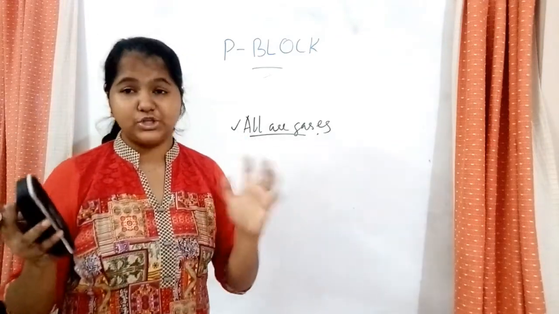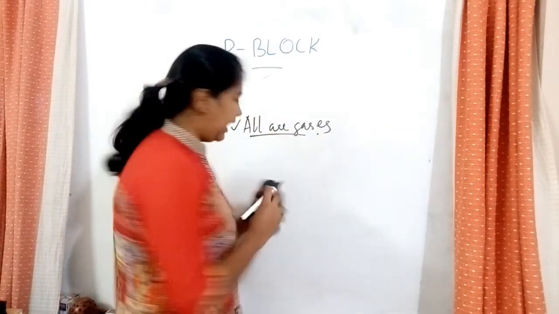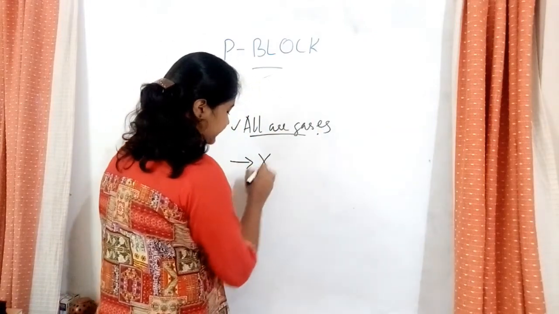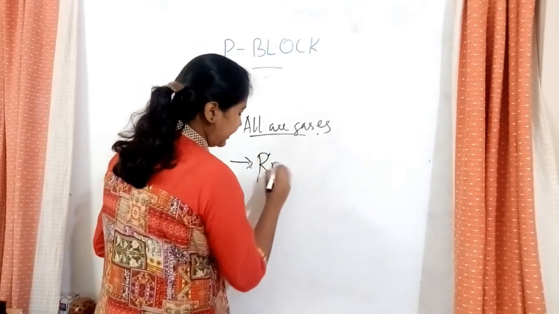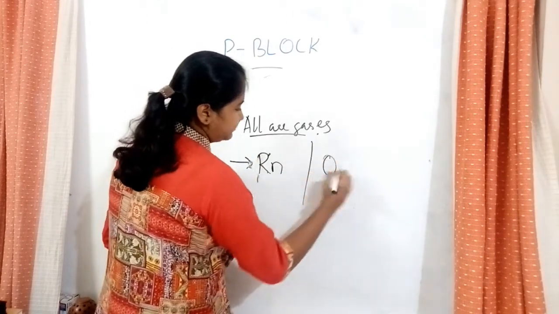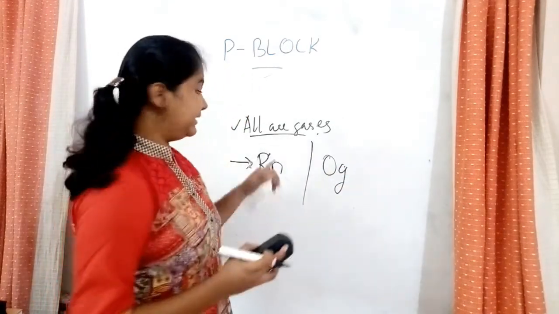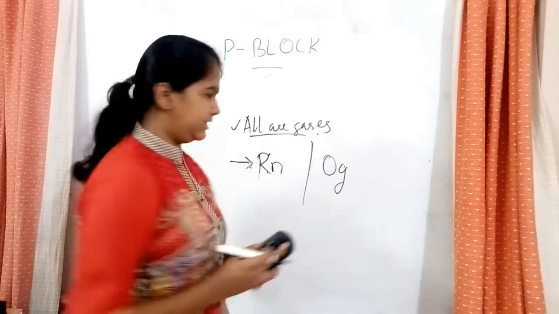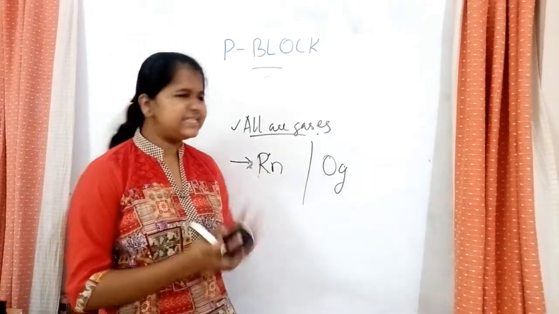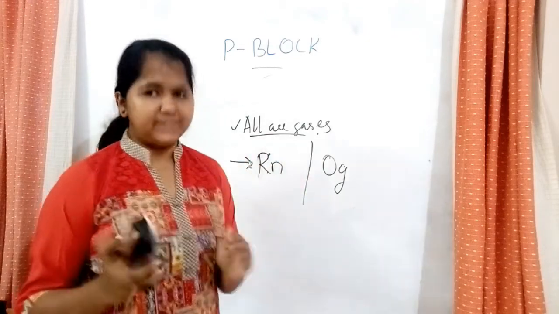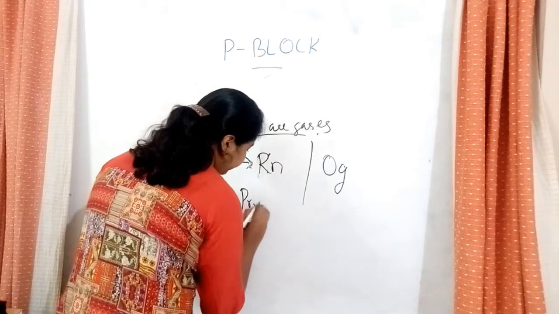We have only to learn about two of them: the first one is radon, and the second one is oganesson. First let's discuss radon and then move on to oganesson. Radon and oganesson are radioactive elements and their formation is a bit important. So let's learn preparation.